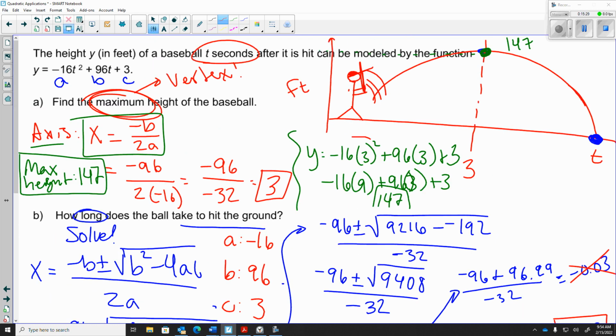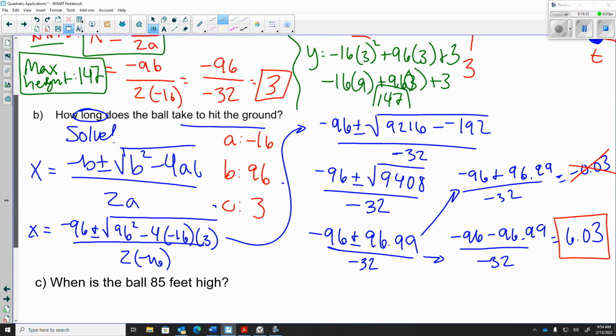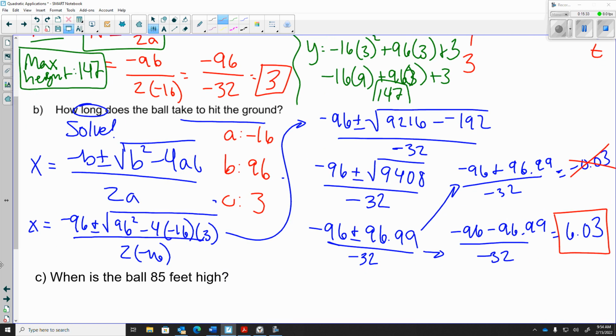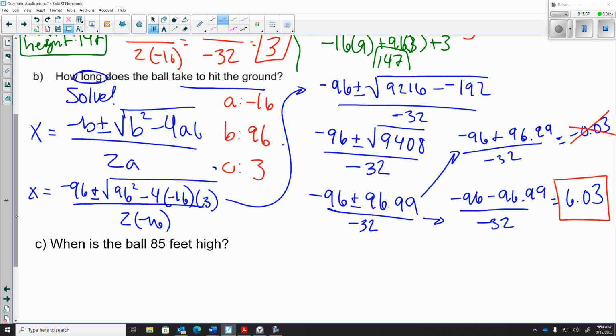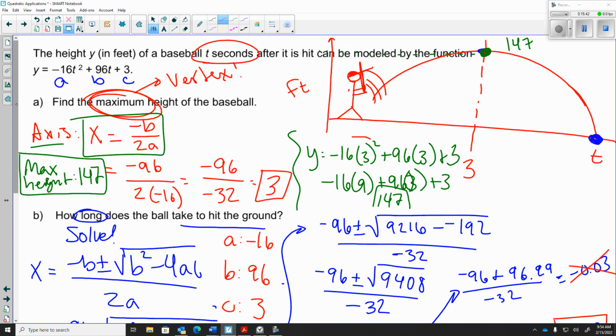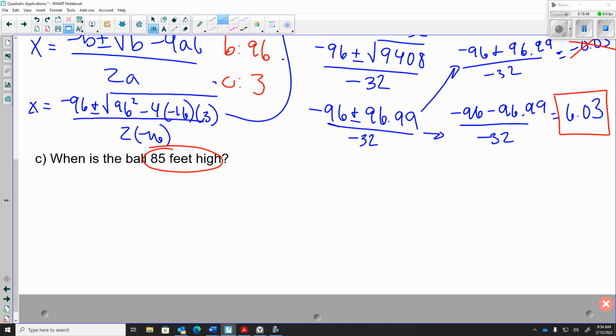So what am I given here? I'm given 85 feet high. I'm given a y, right? Because y is the height. So I am told that y needs to be 85.